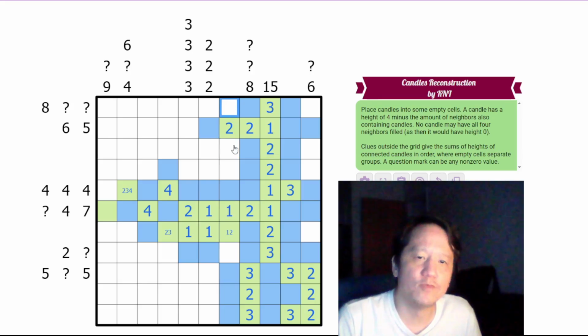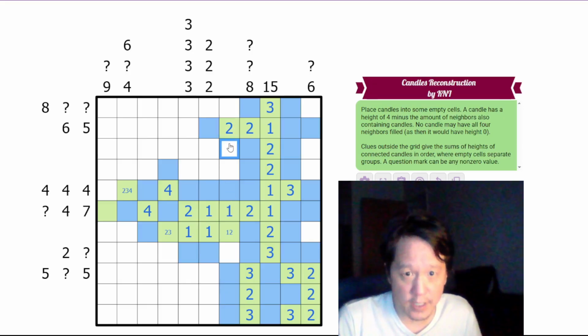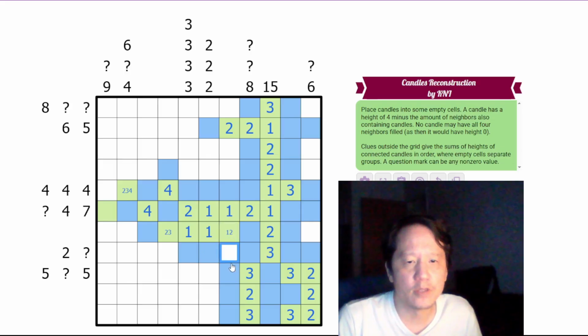We have to have one of these be green. We're not sure which. Because to add up to 2 as a candle, we need 1 more digit. If we have a green here, the problem with that is it would have 3 neighbors. It would have only 1 neighbor with a candle, so it would have to be size 3.